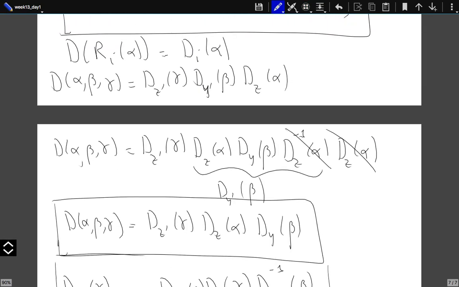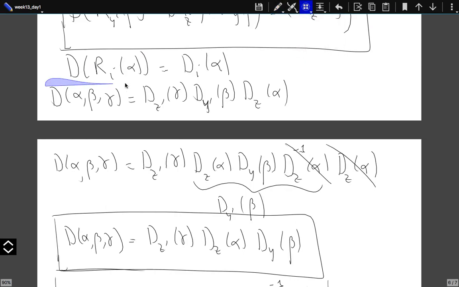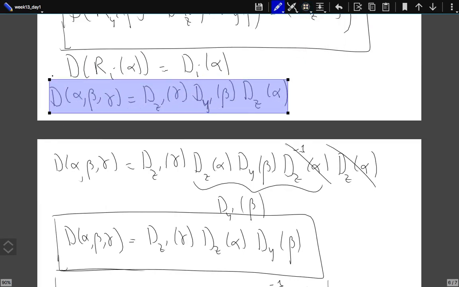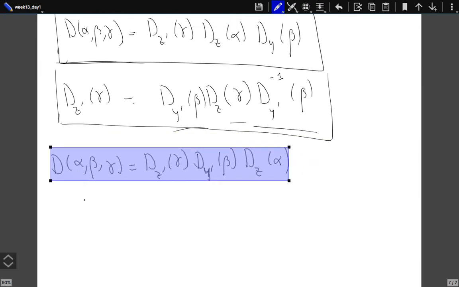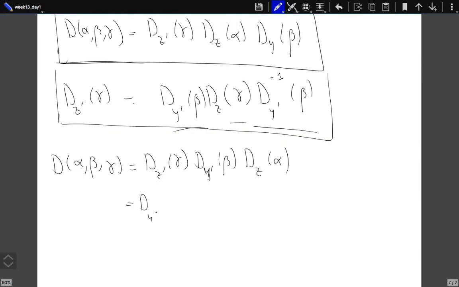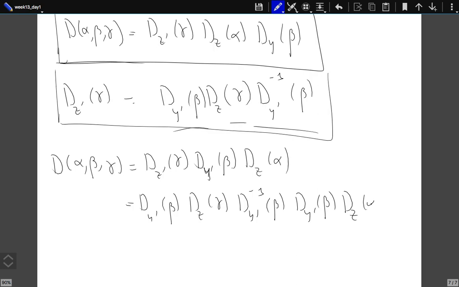Now let's go back to the initial thing, d alpha beta gamma. This is dy prime beta, dz gamma, dy prime inverse beta, dy prime beta, dz alpha. Now this is 1.